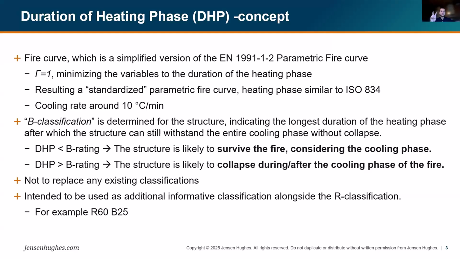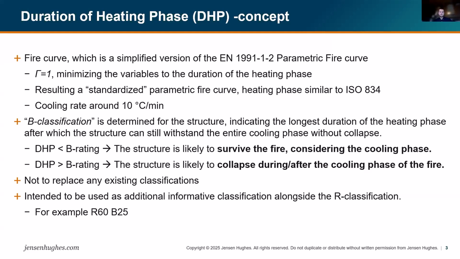This results in a standardized parametric fire curve, which has the heating phase very similar to the standard fire. And after the heating phase, we have the cooling phase, which is happening around 10 degrees Celsius per minute.